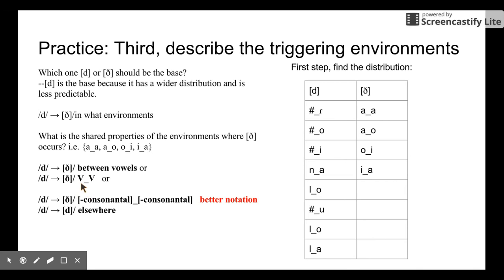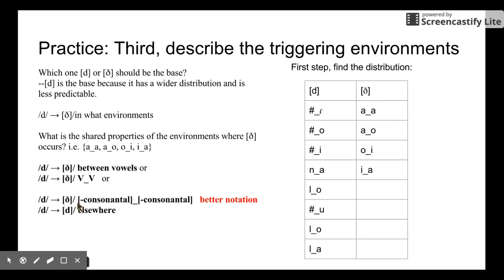V indicates vowels, right? And the underline means the location, the position of the alternation. Or we can use these features. So we have a feature consonantal, and vowels are minus consonantal, right?